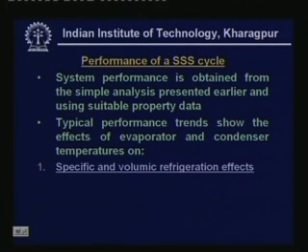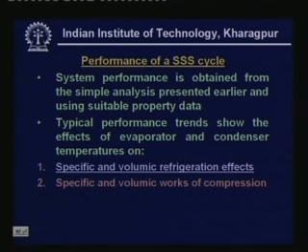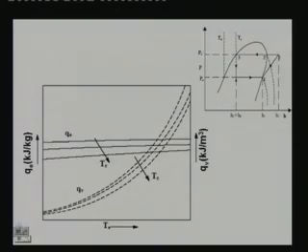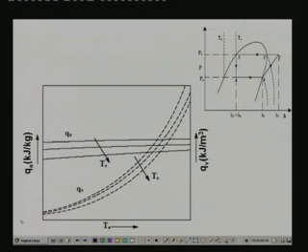Let me show now the effect of these temperatures on different performance parameters. The first one is the effect of these temperatures on specific and volumic refrigeration effects, then specific and volumic works of compression, then system COP. So, first let me show the effect of the temperature on refrigeration effect. This QE is the specific refrigeration effect.